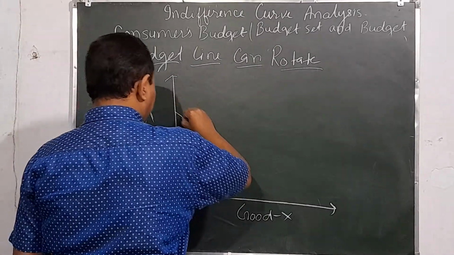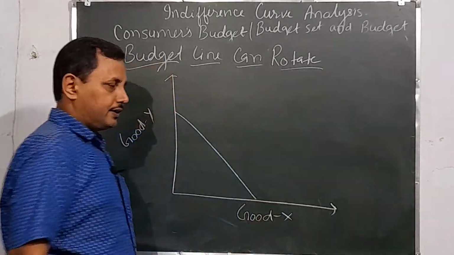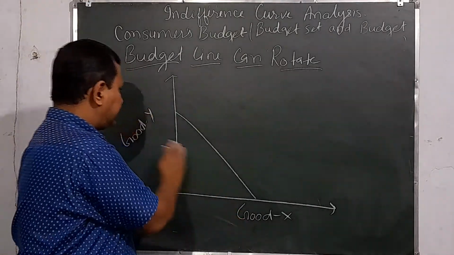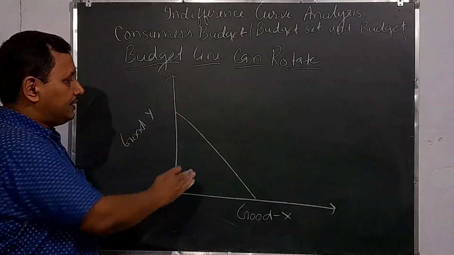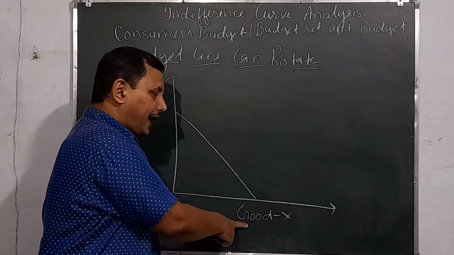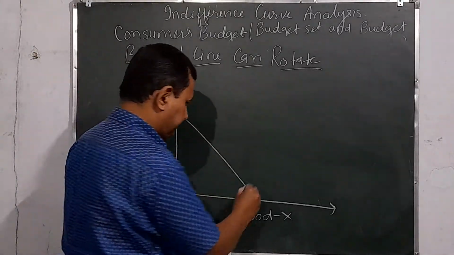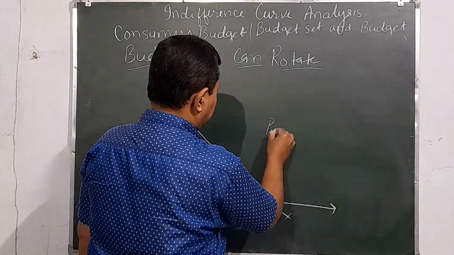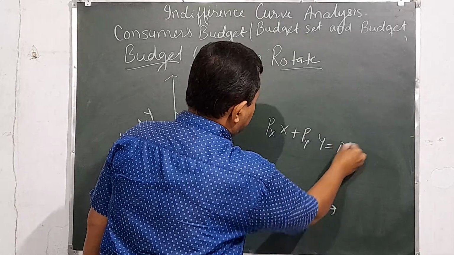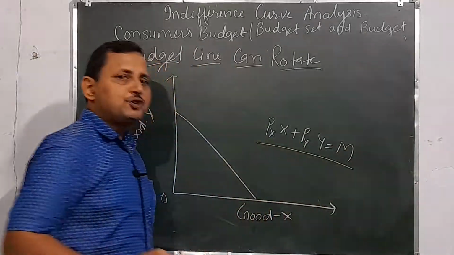Say this is your original budget line. Clear? I have represented good X on the x-axis, good Y on the y-axis, and this is your original budget. Now see, the price of good X is not changing.